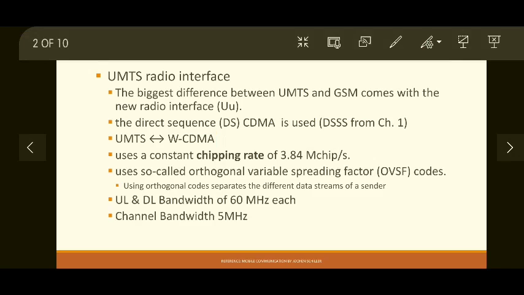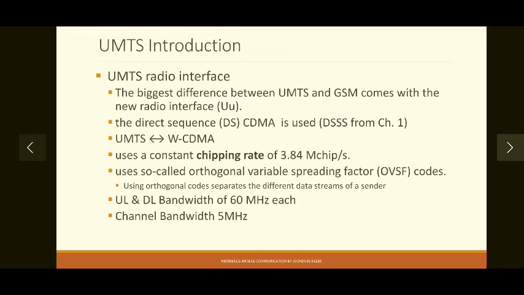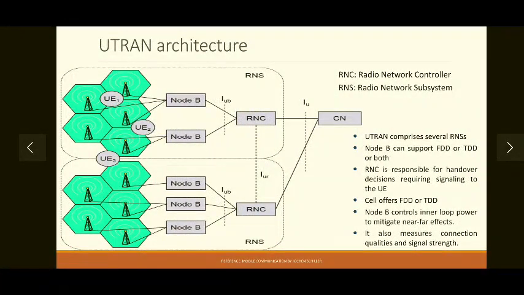Let's move on to now the UTRA network and details of it. On your screen you can see the basic structure of the UTRA network, where there are two RNS shown. RNS stands for Radio Network Subsystem. Similar to subsystems present in GSM architecture, there will be another subsystem in the UMTS architecture, or specifically UTRA network architecture, that is radio network subsystem.